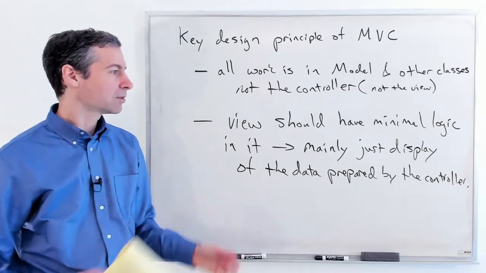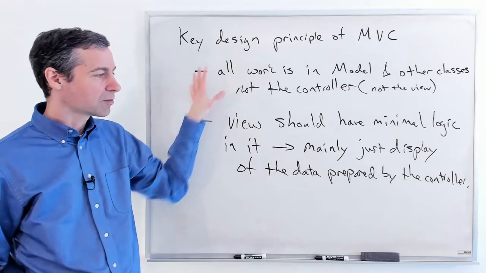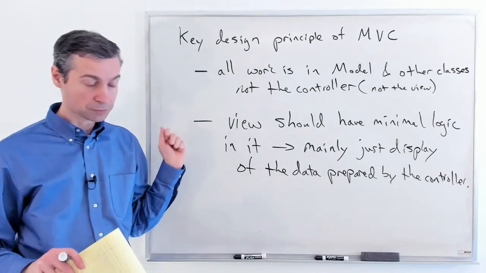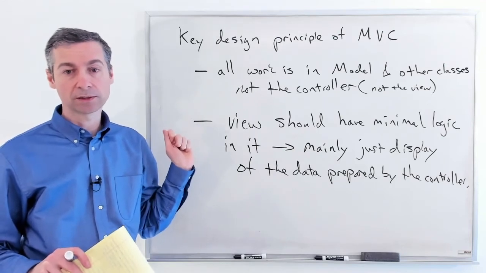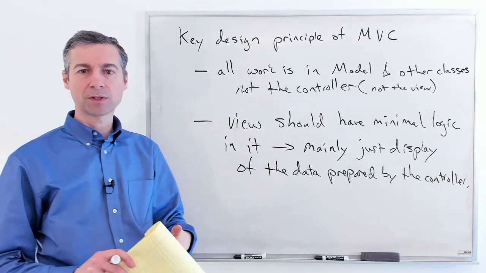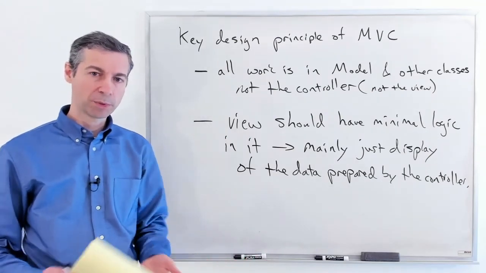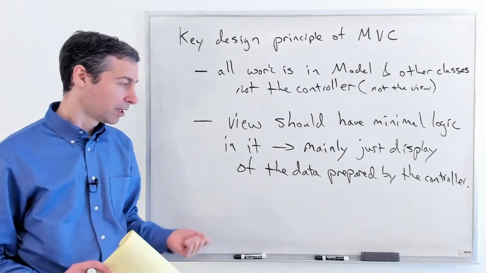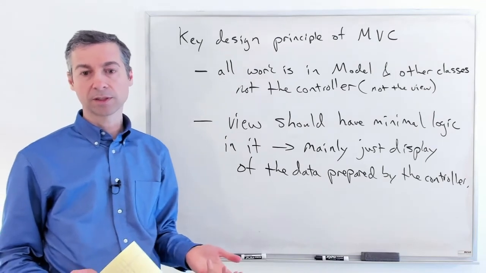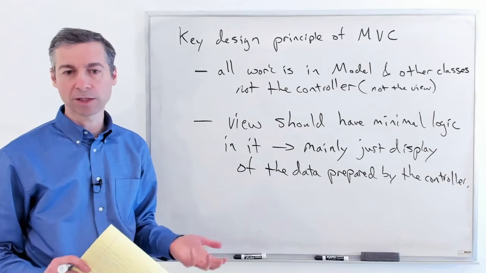Again, I really think of the controller as very minimal. All right, and then we've got the view. Well, the view is just for the mere display of the data. Okay, it's like presentation. All the work should be done down in the models and things.